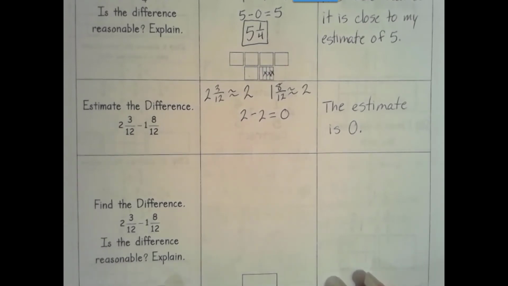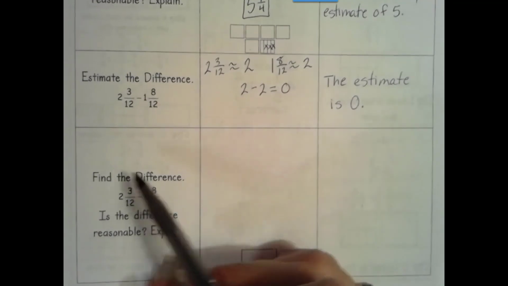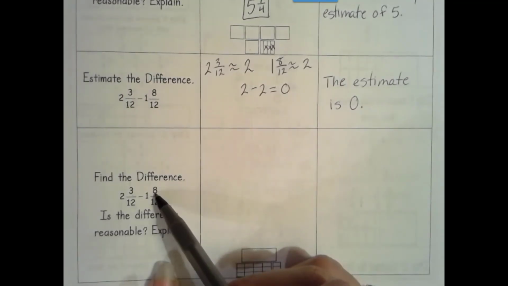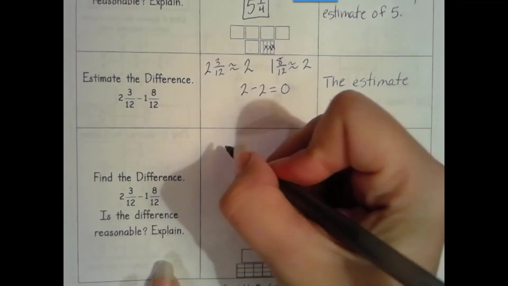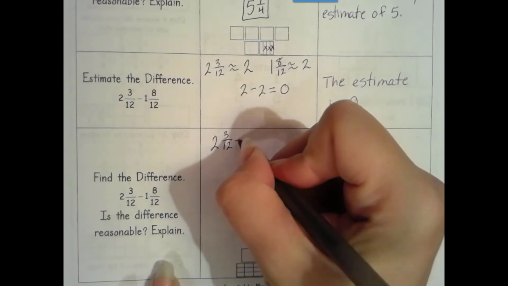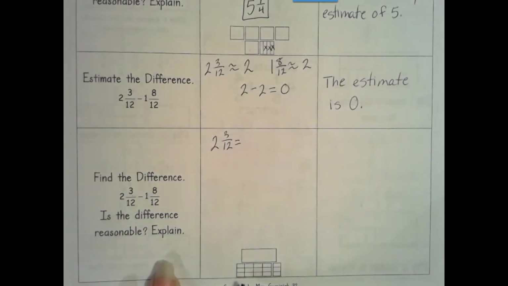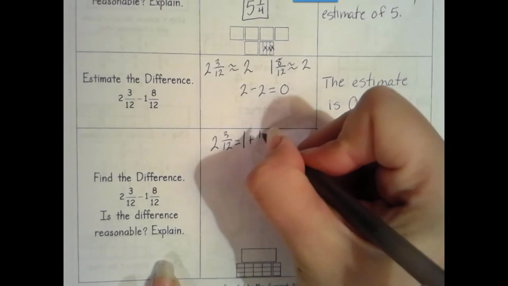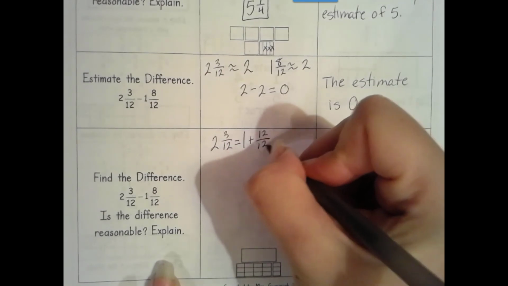Alright, so first thing I need to do, because here 3, I can't take away 8. I don't have enough pieces, so I have to rename 2 and 3/12. I'm going to take away one of the whole units and cut it into 12 pieces. So I still have one whole, but then I have one of them cut into 12/12.